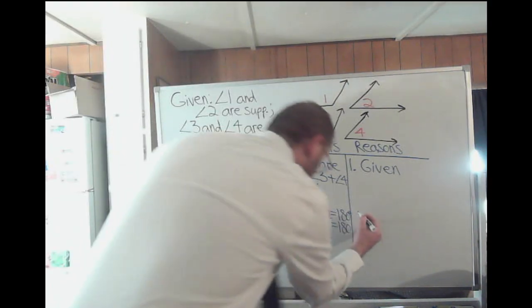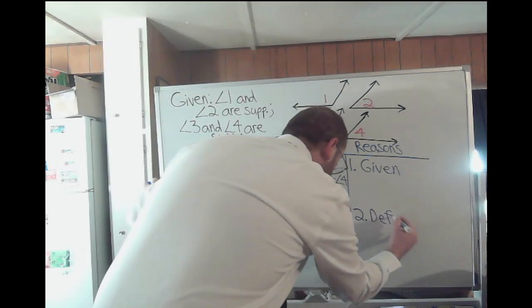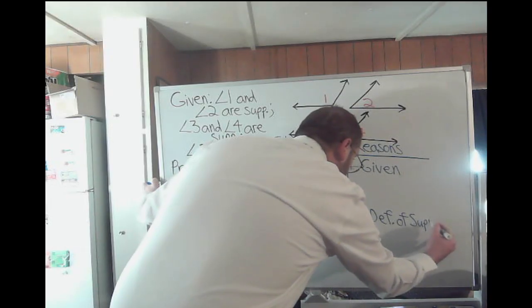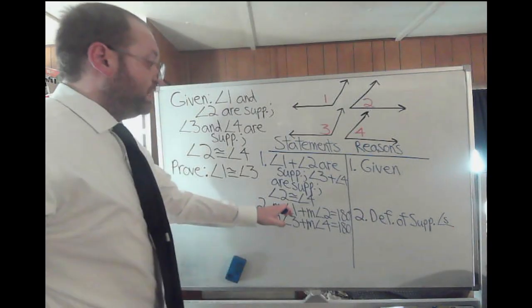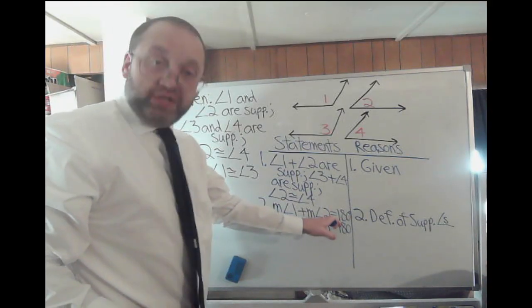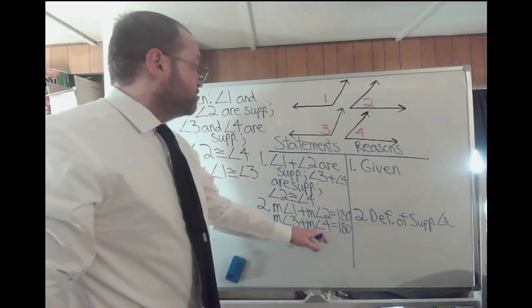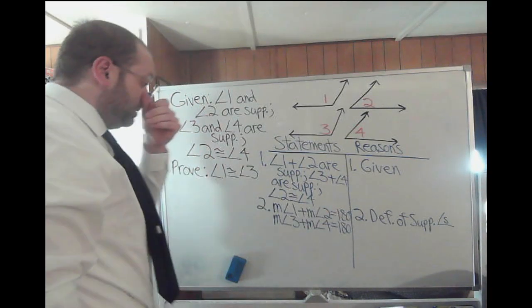And that, of course, is by the definition of supplementary angles. So by the definition of supplementary angles, the measure of angle 1 plus the measure of angle 2 equals 180. Same with the measure of angle 3 plus the measure of angle 4. That would equal 180 by the definition of supplementary angles.